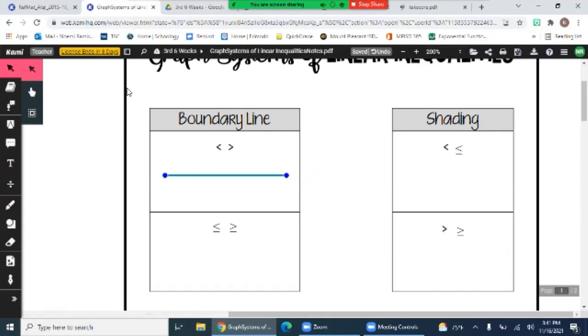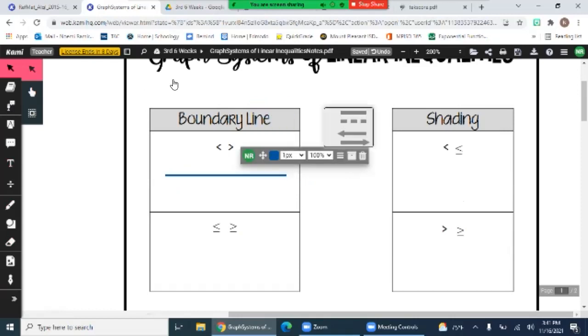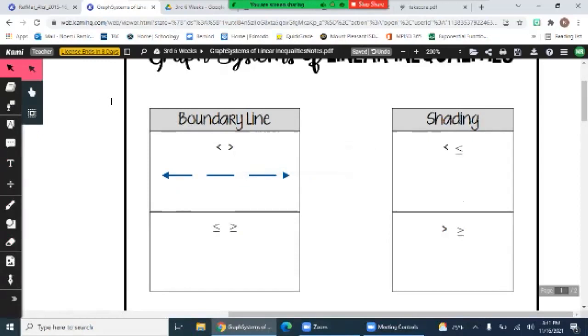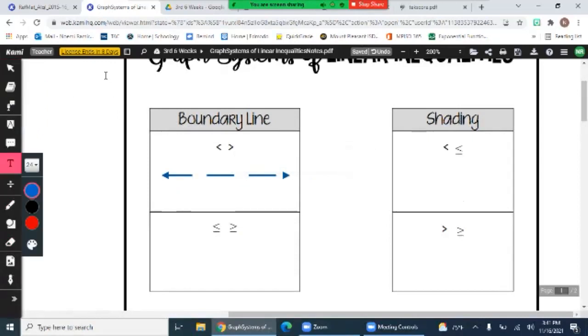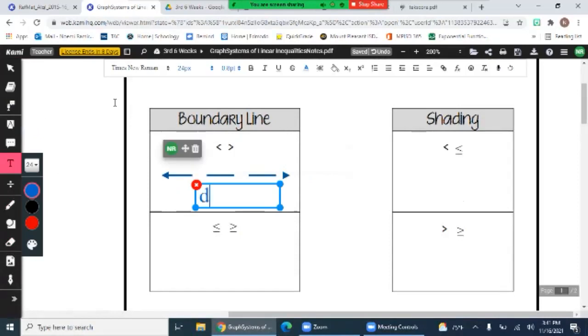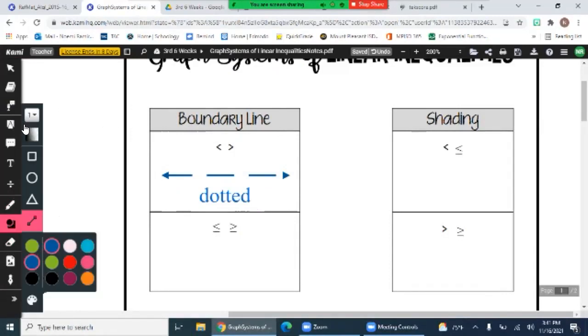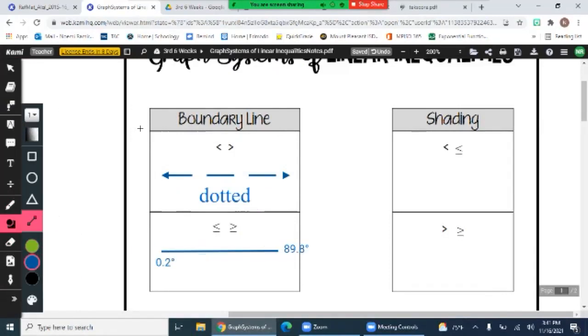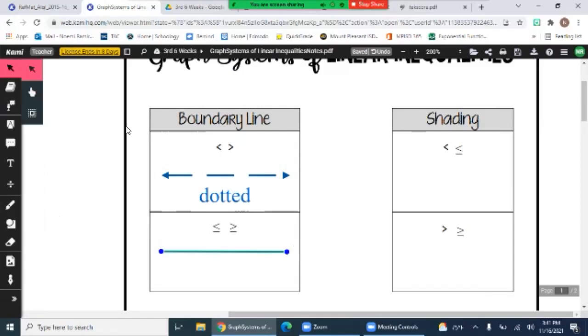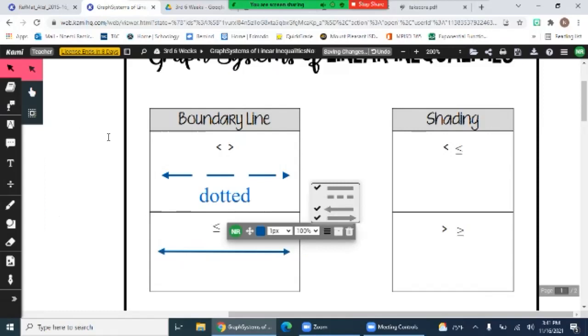Let's write that down here. Dotted. Now, if it is underlined, if you have that line under, it's going to be a solid line. And I'm just going to make sure it has those little arrows there at the end.